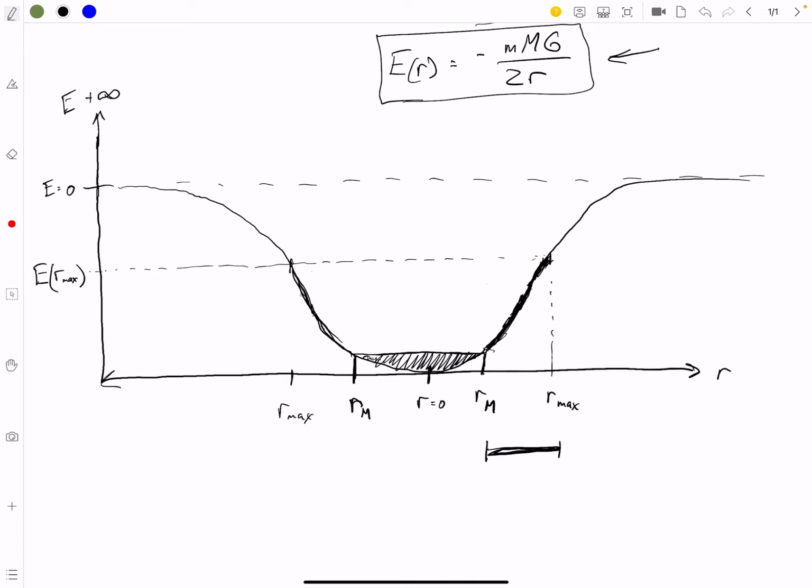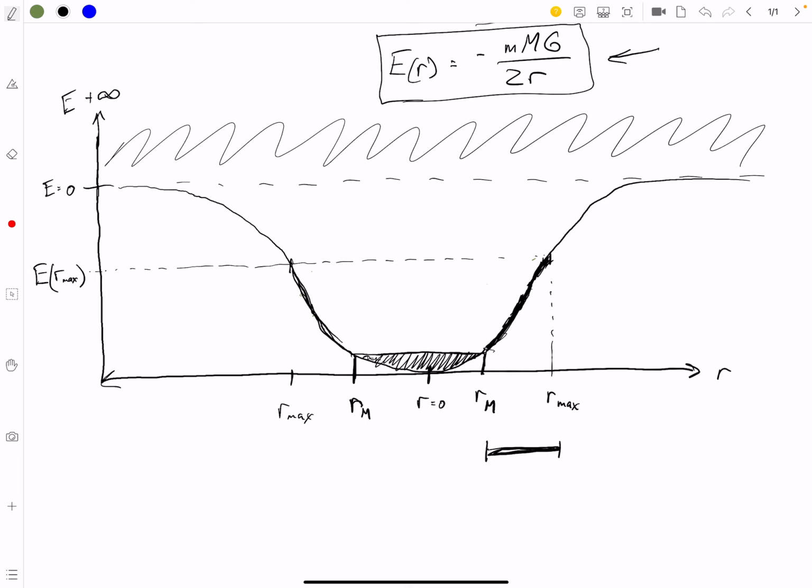Okay. What if we want to escape? We have to have enough energy to escape, which means we need to be in this region up here. And once we have that much energy, we can escape. Okay? That escapes the orbit.